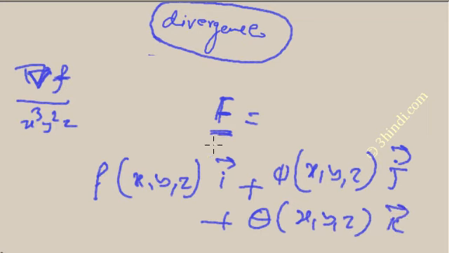So suppose f is a vector, i, j and k are the unit vectors, and the multiplier of i is a function of x, y, z. For j there is another function of x, y, z, and for k there is another function of x, y, z.